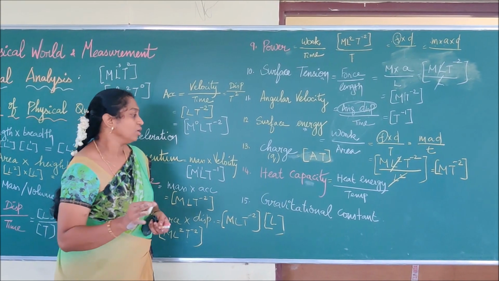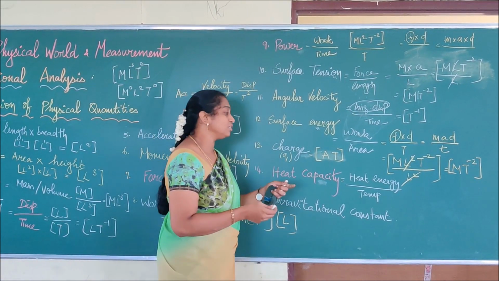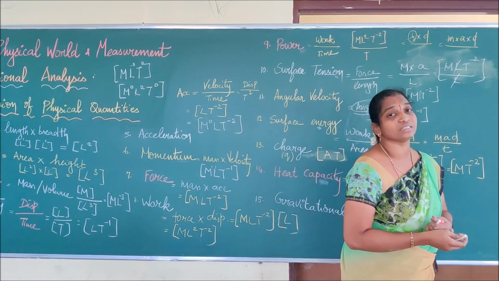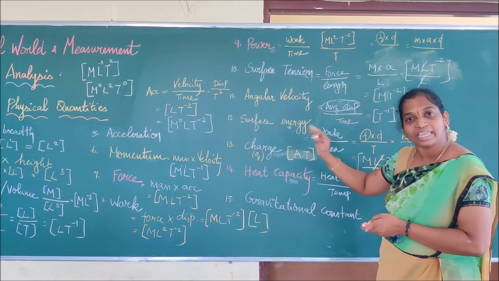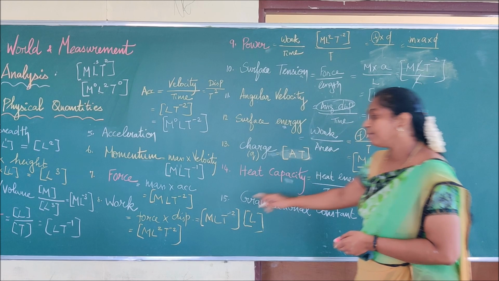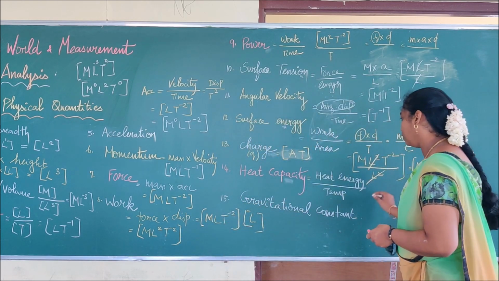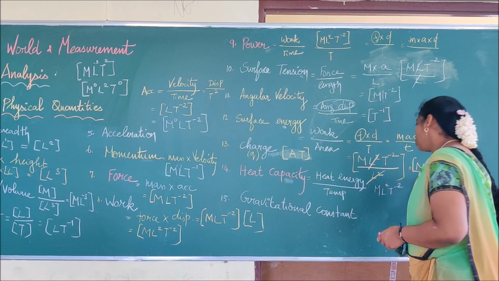Temperature will be represented in terms of Kelvin. Energy and work have the same unit, so if I say energy or work, it has the same dimensional value. What is the dimensional value for work? M L square t power minus 2.